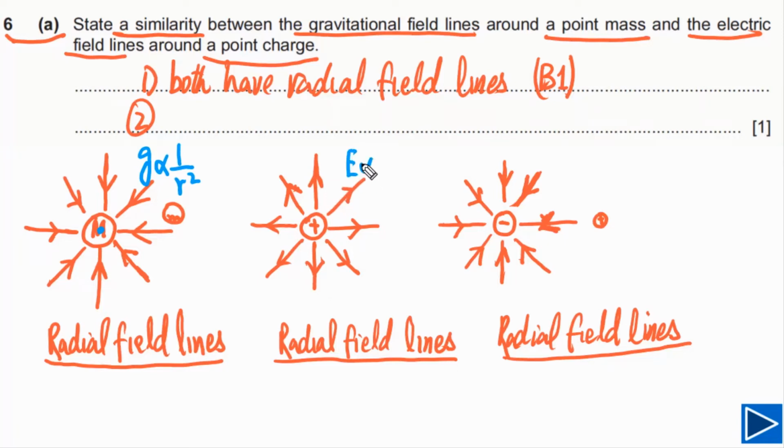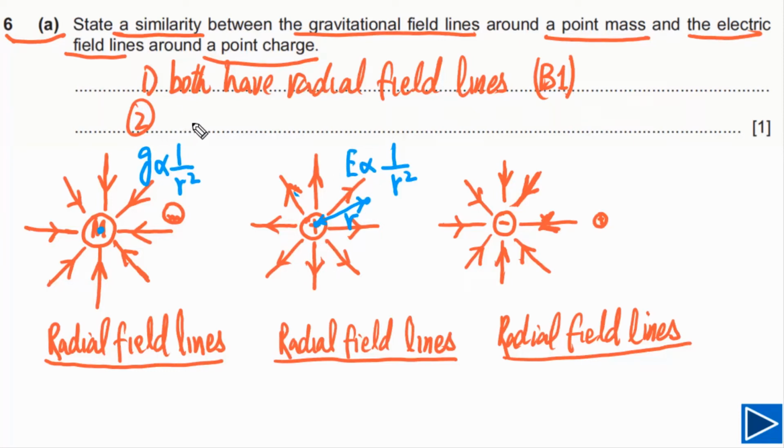This is telling us that the electric field is also inversely proportional to r square, and r is the distance from any point to the center of this charge. So in this case, this distance is r. As r increases, the field gets weaker and weaker.